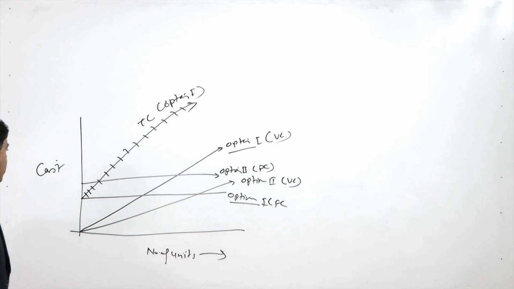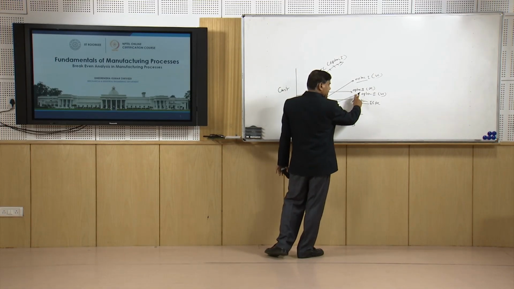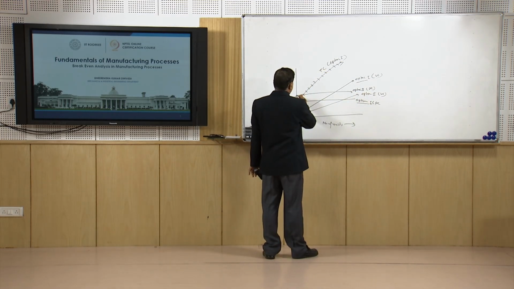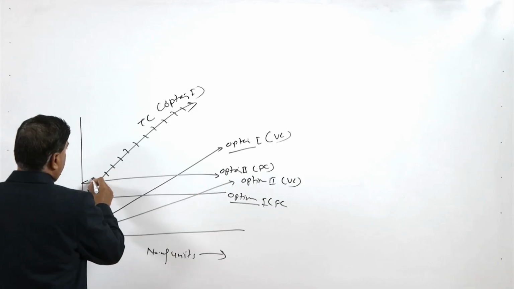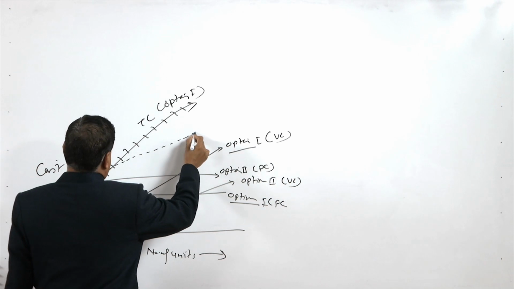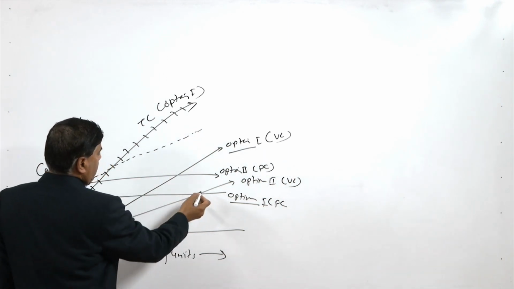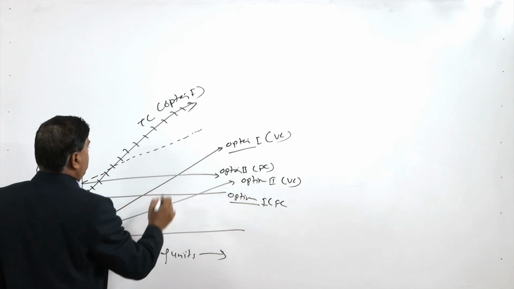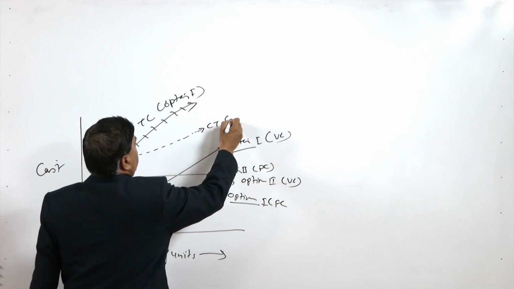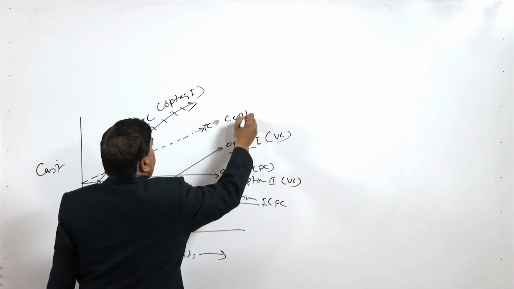On the other hand, since the variable cost is increasing at a lower rate for option 2, here for option 2 it will be going at this rate. This will be parallel to the other option. So, this is the TC for option 2.